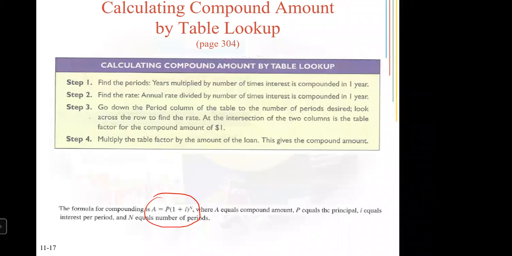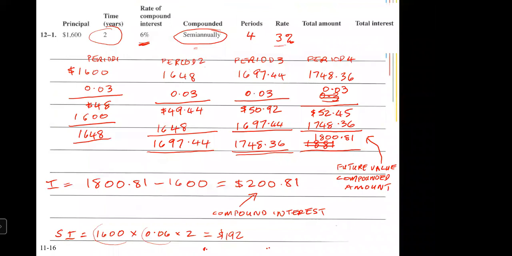Look across the row to find the rate. At the intersection of the two columns on the table is the table factor. And then once you find the table factor, you're going to multiply the table factor by the amount of the loan.